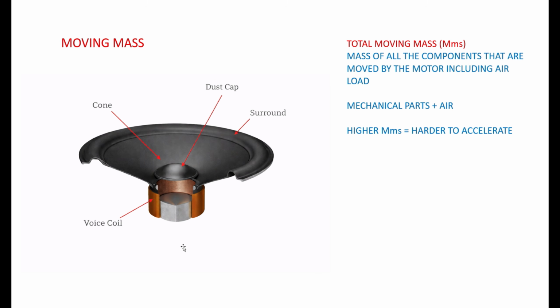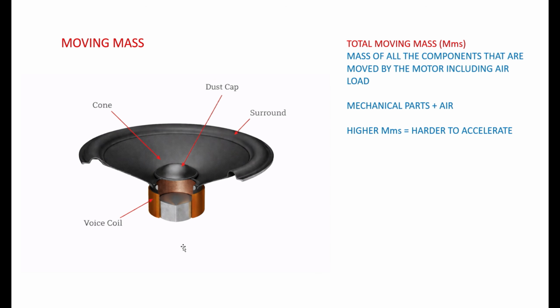If you think about it, some parts of the speaker move, some parts of the speaker don't. All the parts of the speaker that move are included in the total moving mass calculation. So for example, the things that move are the voice coil, the cone, the surround, the dust cap, the spider, the flexible spider part, so the suspension parts of the speaker. But what doesn't move is the basket, the magnet, the top plate, the bottom plate. Those things are static, they're fixed.